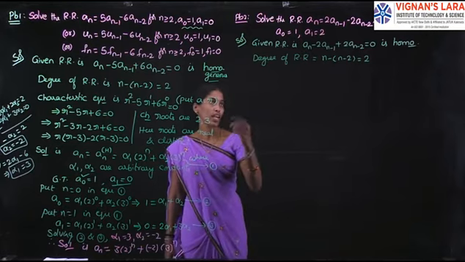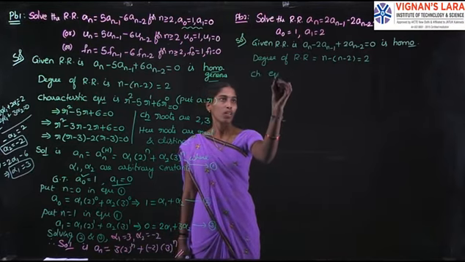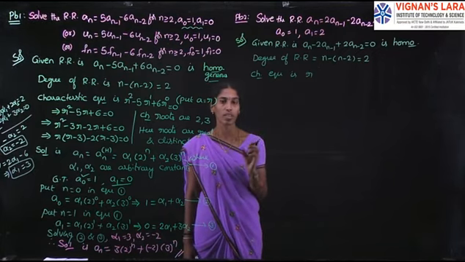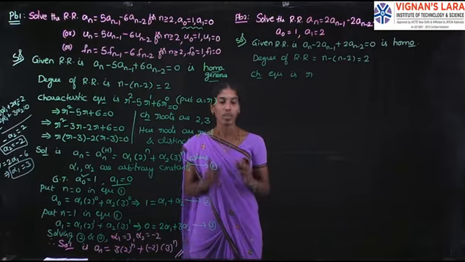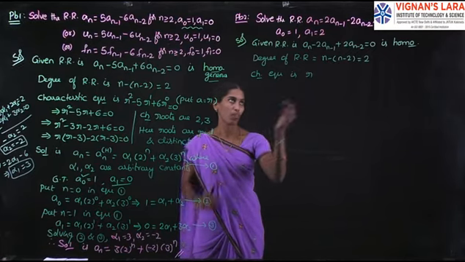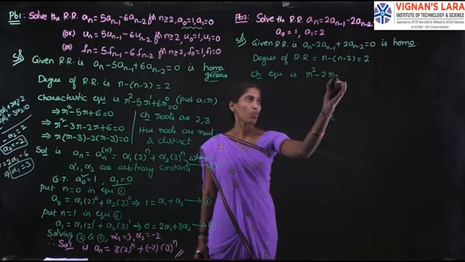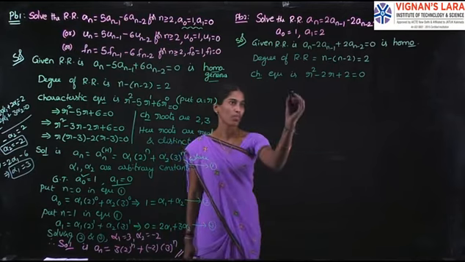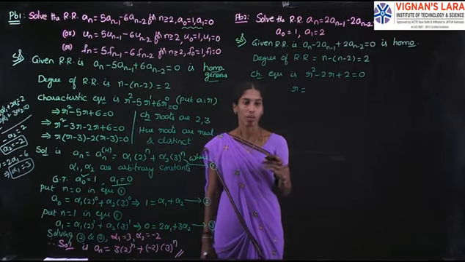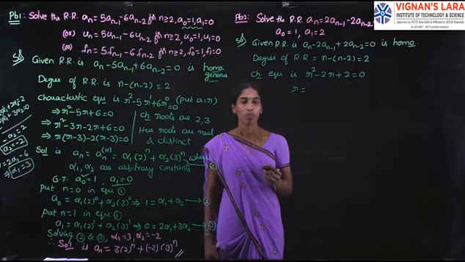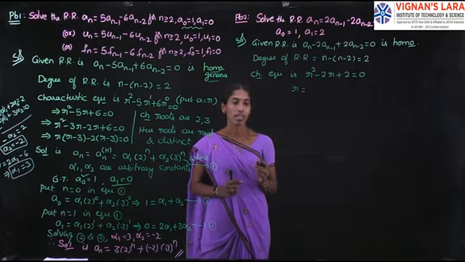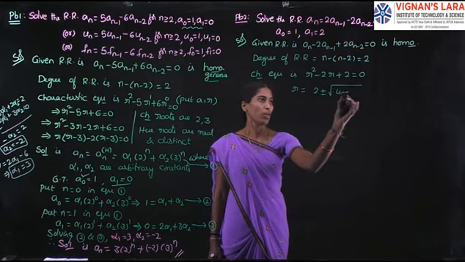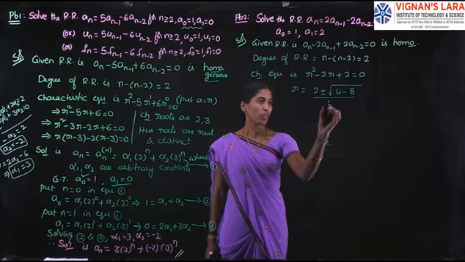Now write down its characteristic equation. Characteristic equation is, put a equal to r, in the suffix put n equal to its corresponding degree. Instead of writing in the suffix, write in the power. So r squared minus 2r plus 2 is equal to 0. Find out its roots. Direct factors are not possible. So use x is equal to (minus b plus or minus square root of b squared minus 4ac) by 2a.